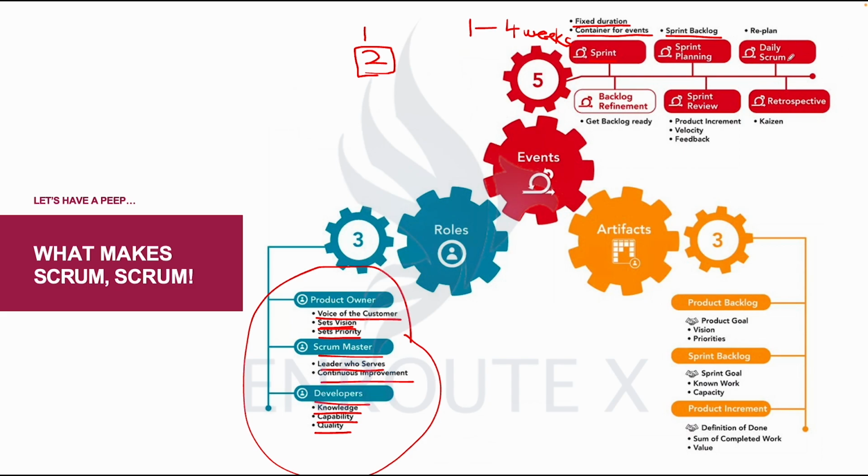Then the daily scrum. A daily scrum is a 15-minute meeting. In some other frameworks, it's called stand-up. So you could hear in different other quarters that it's called daily stand-up. Anytime you hear daily stand-up, it is the same thing as daily scrum. It's a 15 minutes meeting.